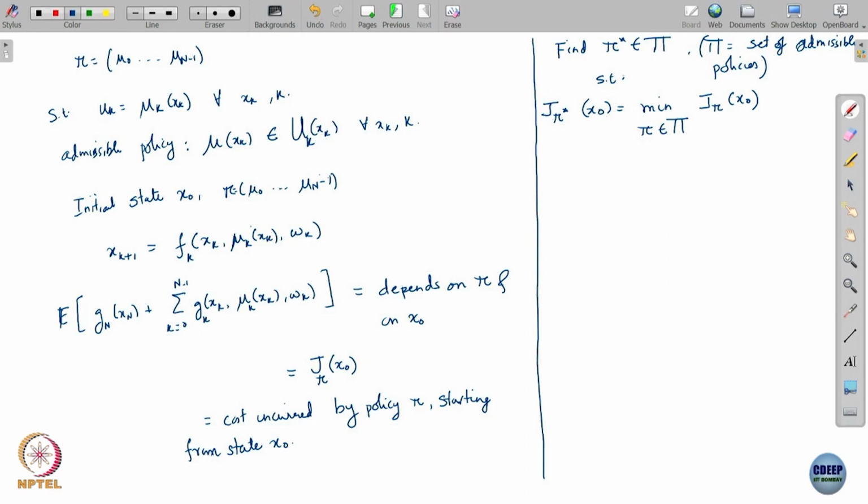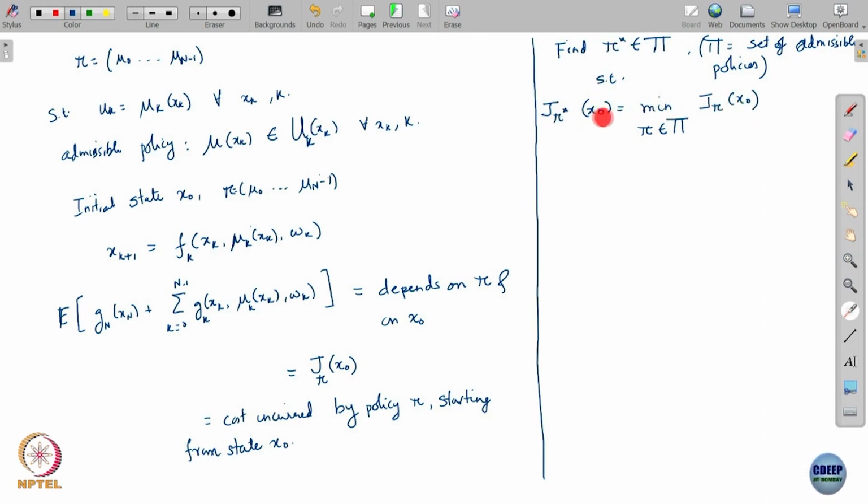Notice that this problem appears to be one we would need to solve for each value of x 0, because we have not gotten rid of the initial state as yet. We would have a cost for each initial state, and it appears prima facie that the pi star, the optimal policy, could vary with x 0.